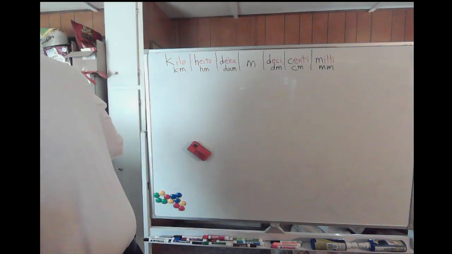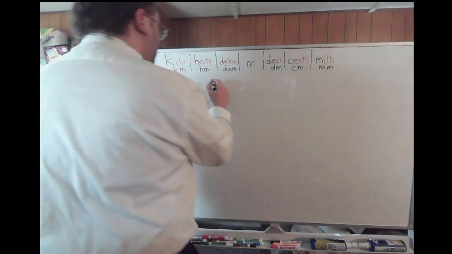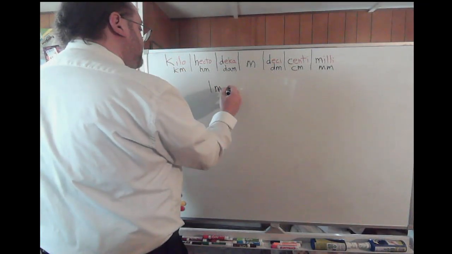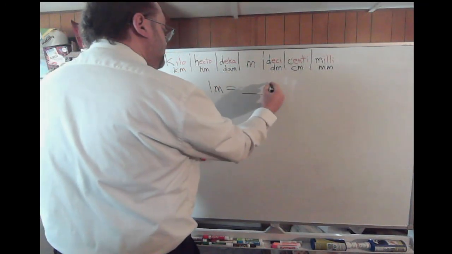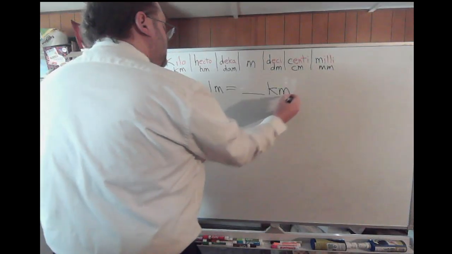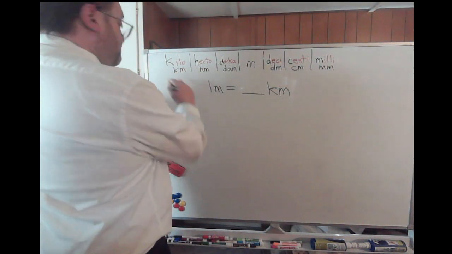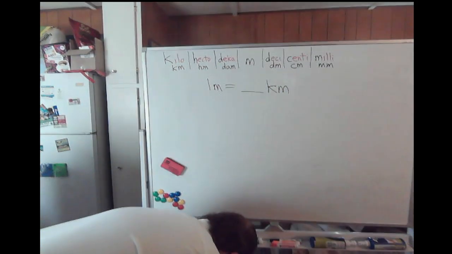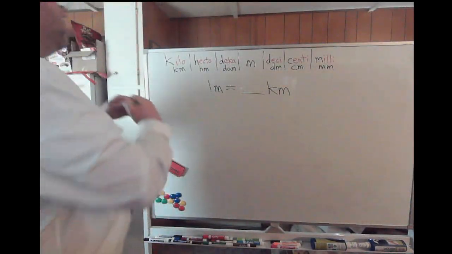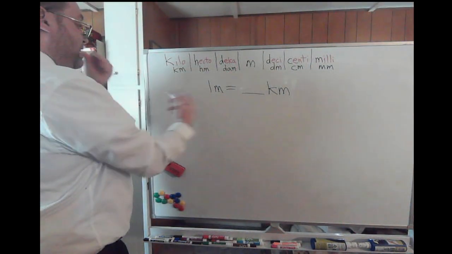Now let's do it in reverse. 1 meter equals how many kilometers? So you're going to move to the left some decimal places. Before we moved to the right, now we've got to move to the left.